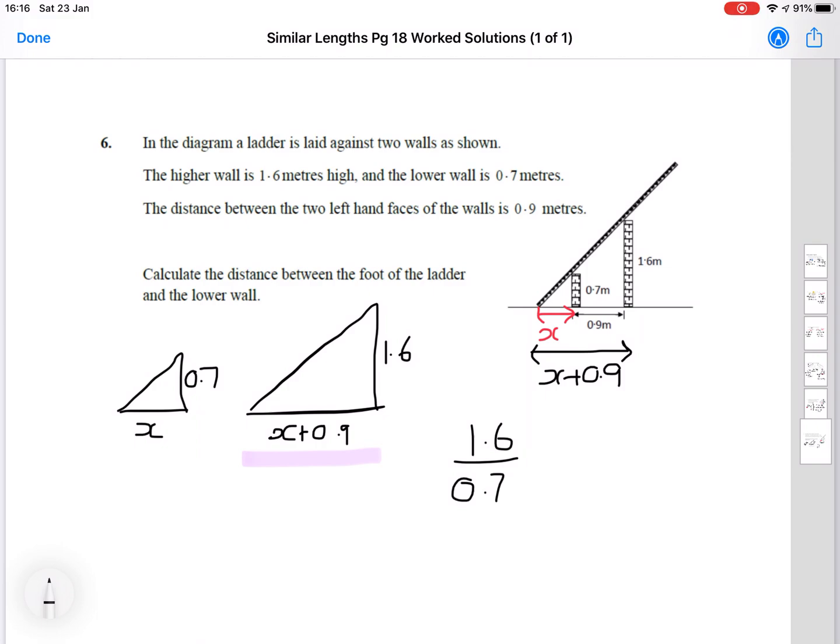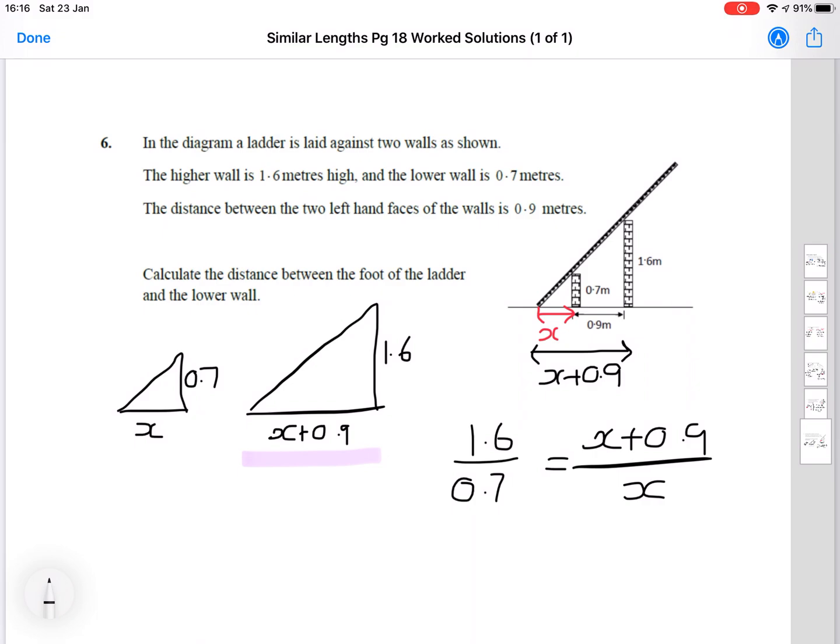Those two vertical sides should have the same scale factor as if we compared the two horizontal sides. So if we take the two horizontal sides and compare those in a similar way, we should end up with the same two fractions. The same scale factor would be in each pair of fractions.